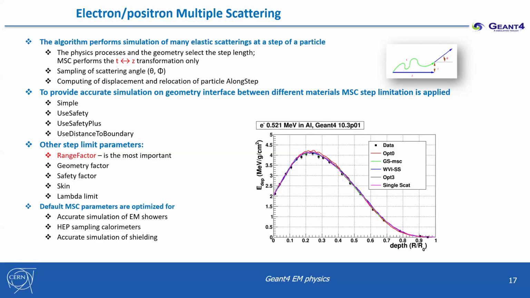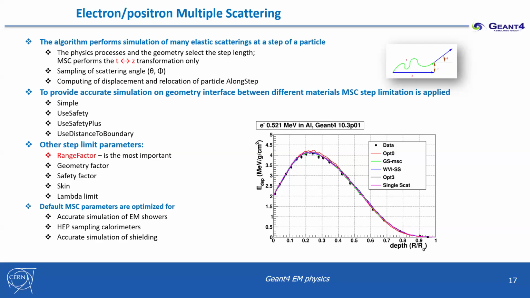What is shown here? Here is energy deposition in aluminum when normally to an aluminum slab you send a 0.521 MeV electron.